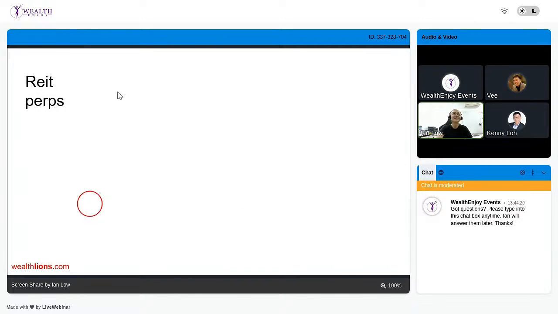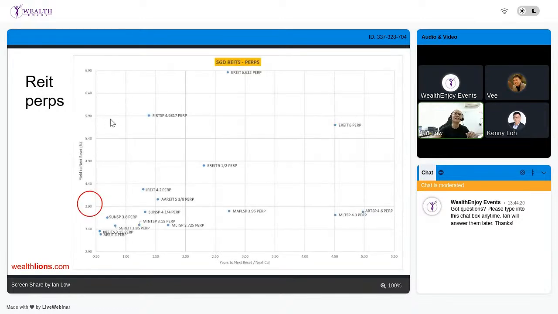All right. So likewise, these are REIT perps, and most of them are around 3.9%. So if you want to buy a perp today, it's only about 3.9%. This past week, there were land lease perps at 4.7, a new issue, so you get 4.75.